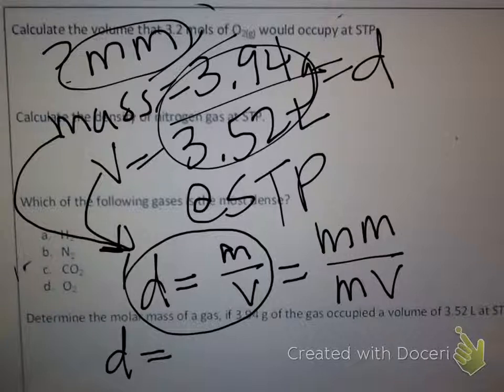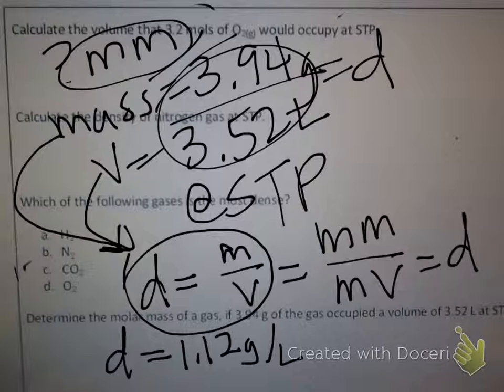What is the density? Gotta grab my calculator. I get 1.12 grams per liter. Okay, so that's the density of the gas.